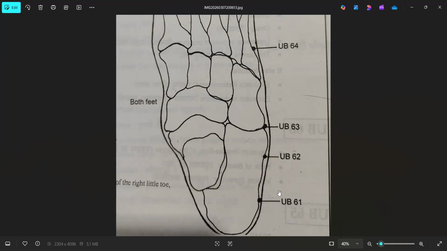If only one point has to be held, it is point number 61, which will help you with sciatic pain. So for sciatic pain, 61. Nerves of lumbar vertebra, sacrum vertebrae, and coccyx.